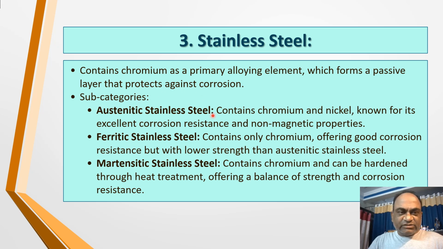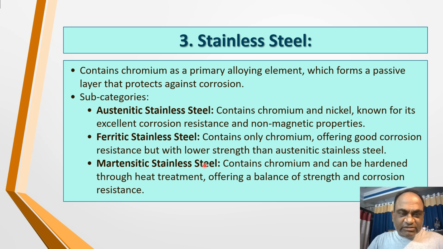Subcategories of stainless steel are austenitic stainless steel, which contains chromium and nickel, known for its excellent corrosion resistance and non-magnetic properties, meaning they are not magnetic in nature. And then you have ferritic stainless steel, which contains only chromium, offering good corrosion resistance but with lower strength than austenitic stainless steel.